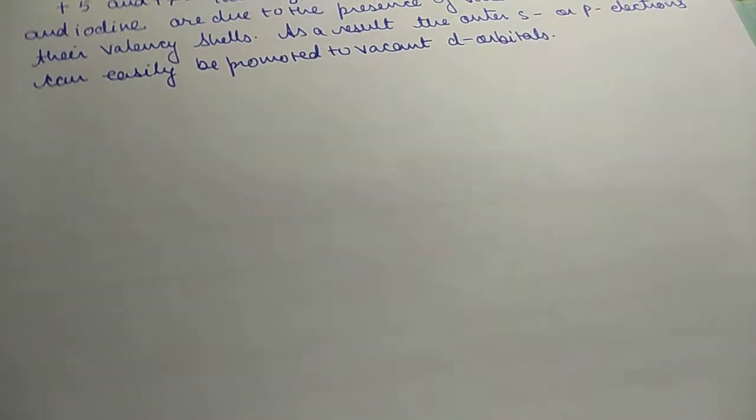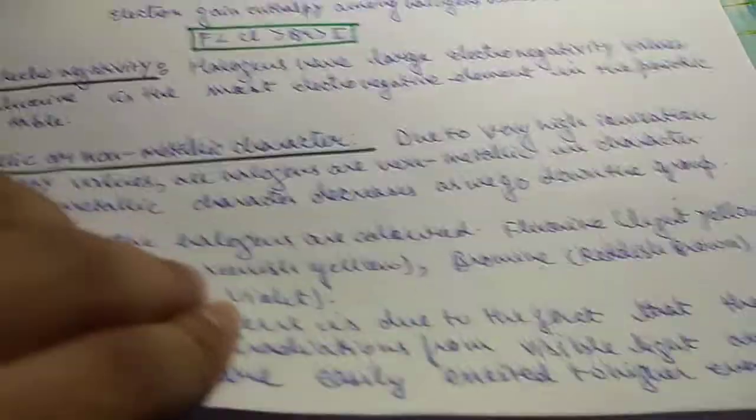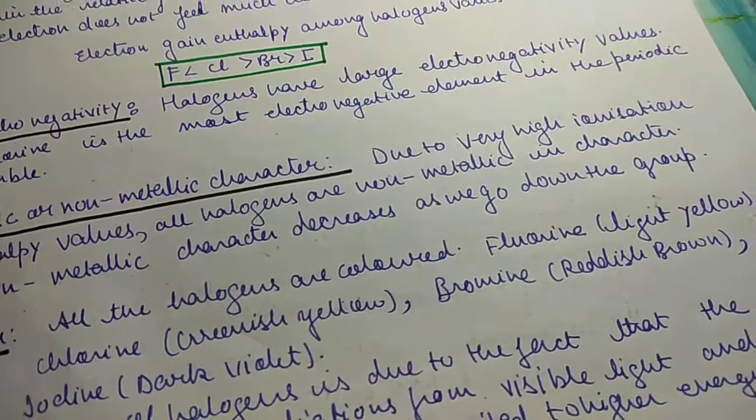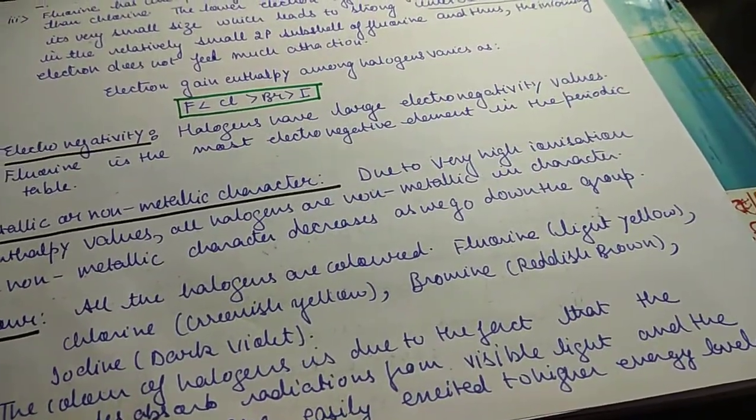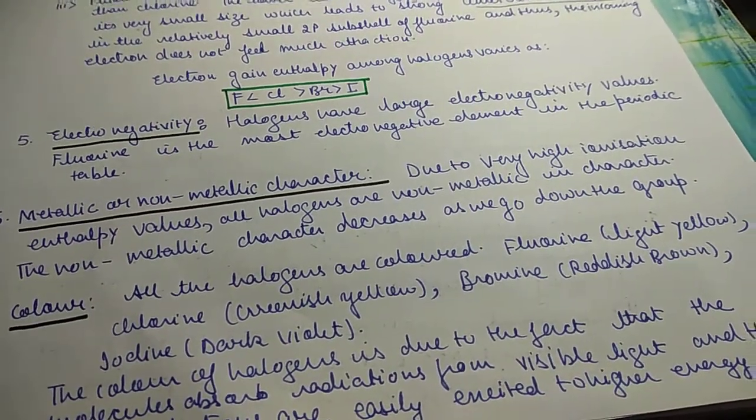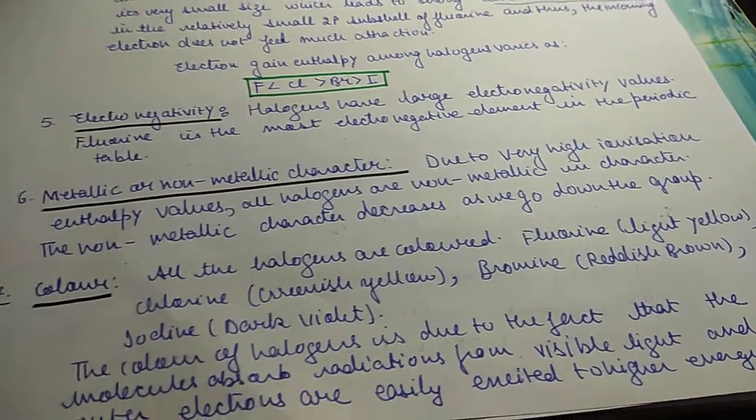When the electrons are excited to higher energy levels and then lose their energy, they will emit radiation of a particular wavelength.